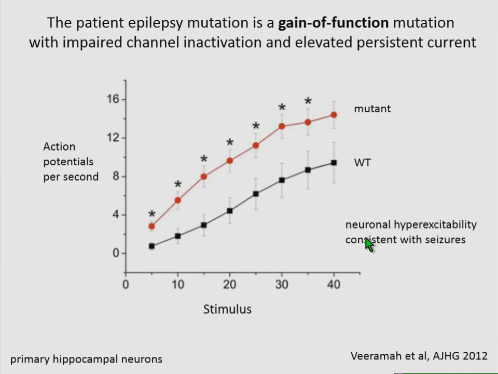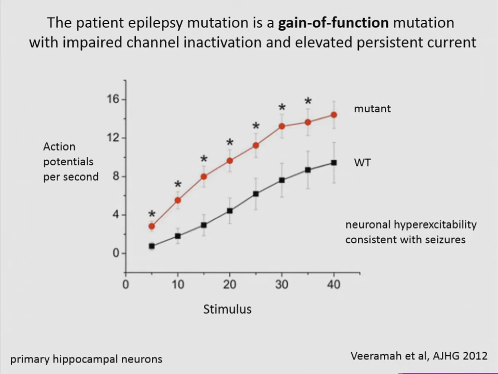Well, we carried out functional studies, and we found that, unlike the mouse mutations, these are gain-of-function mutations. And the problem is that the channel does not remain inactivated. And therefore, there's elevated persistent current, sodium flowing into the neurons, and therefore the neurons are more prone to generate a new action potential before they really should.